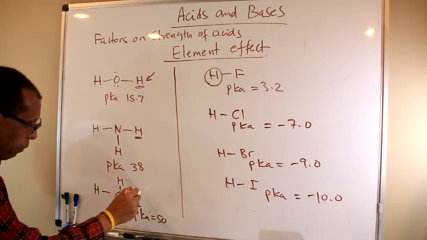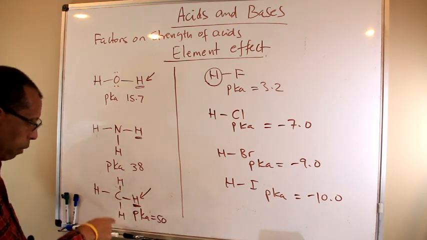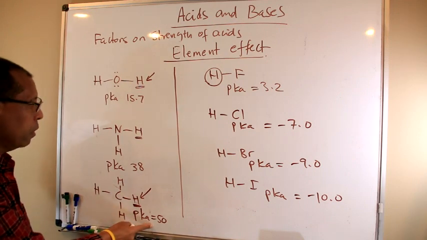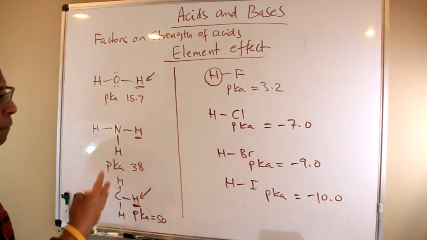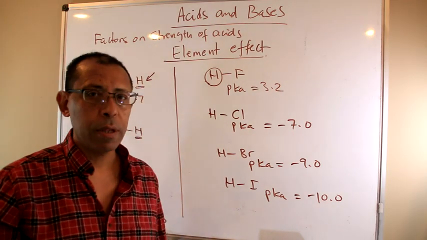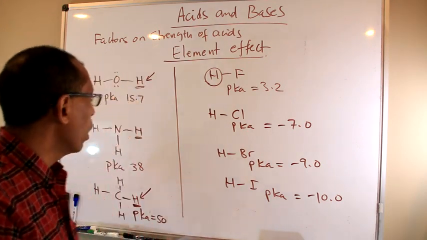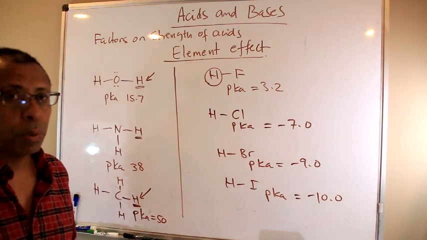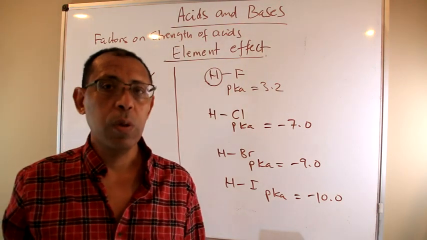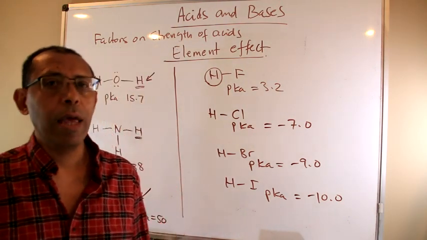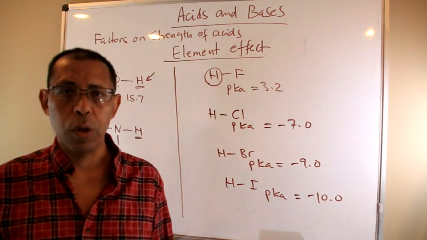In methane, if you just refer to this hydrogen, one of them, the pK is 50. So if all of these are given and somebody asks you what the acidity of that proton would look like, qualitatively you can just base it on what element that hydrogen is attached to.